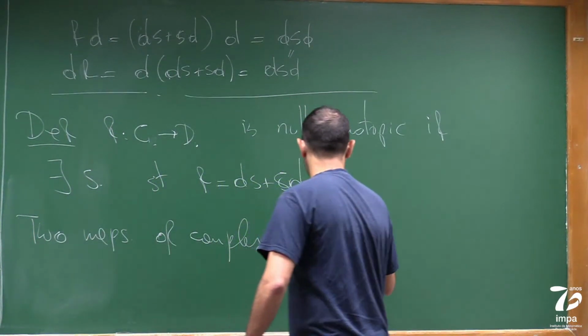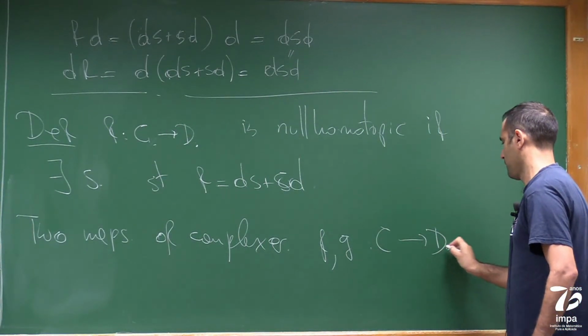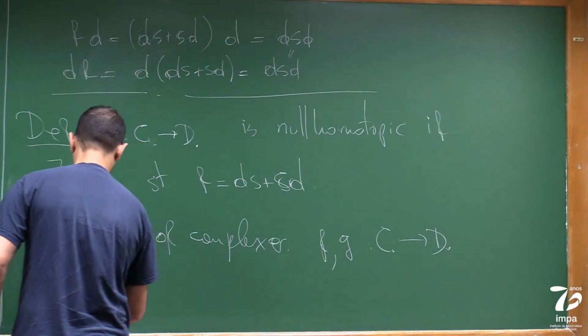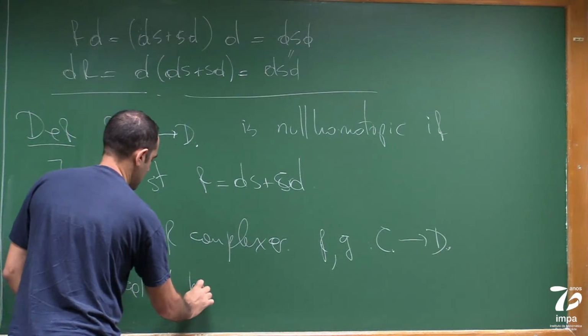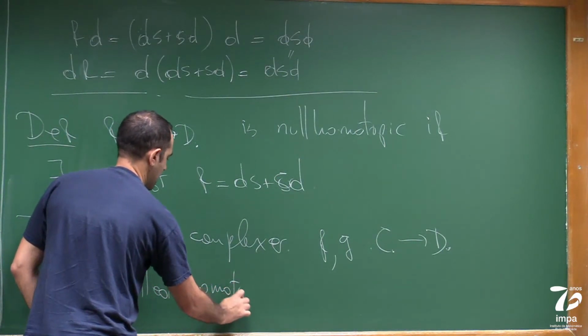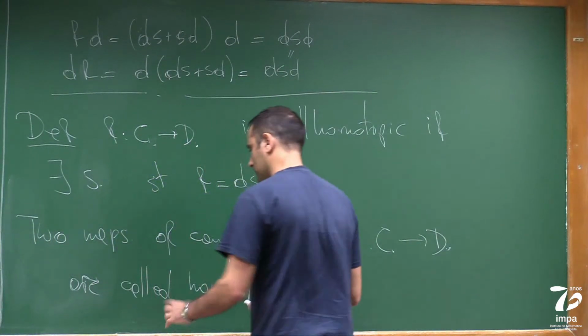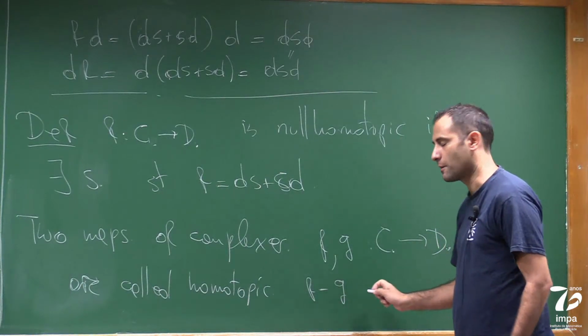Say F and G from C to D are called homotopic if there exists a homotopy, or well, if F minus G is null homotopic.